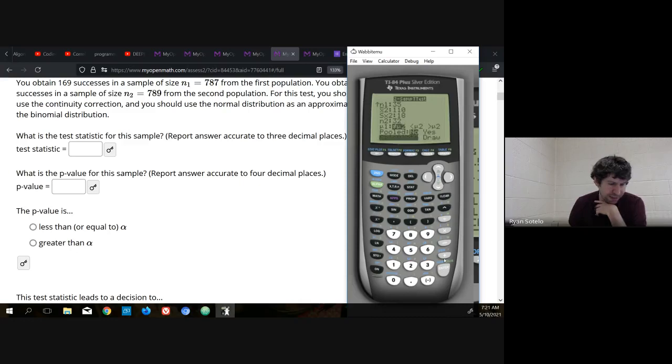No pooling. Calculate. So with that many people, I got a p-value of 0.016. That's less than a 2% chance. With 95% confidence, my alpha value, my significance level, would be 0.05, and my p-value is less than that. So that means I have significant evidence to reject the default assumption, which is that there's no difference between the boys and girls.